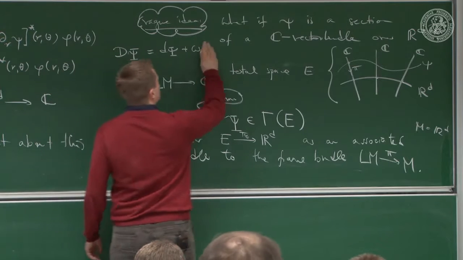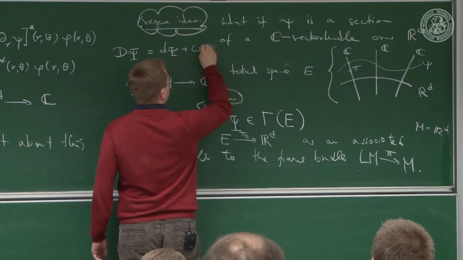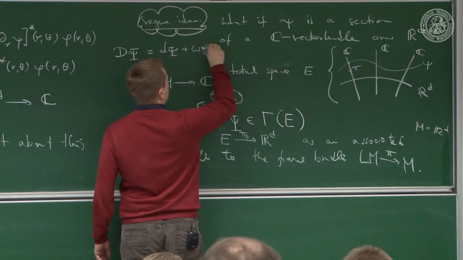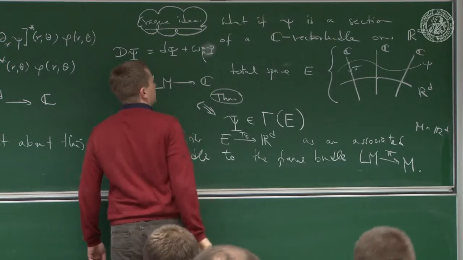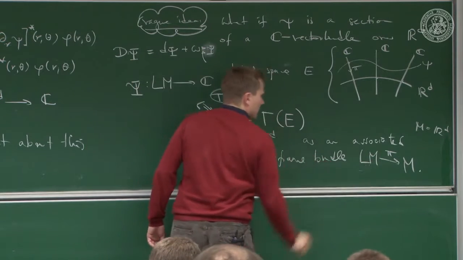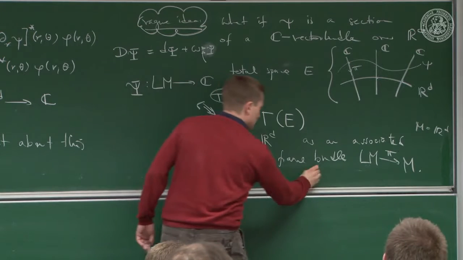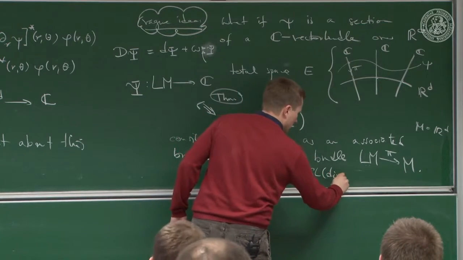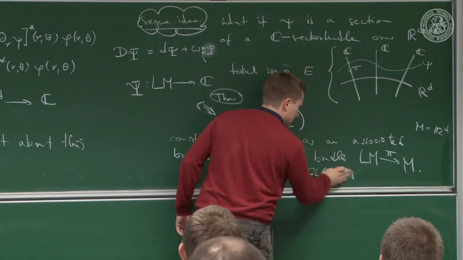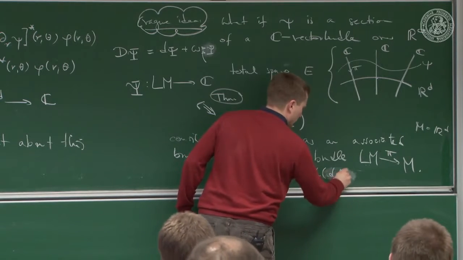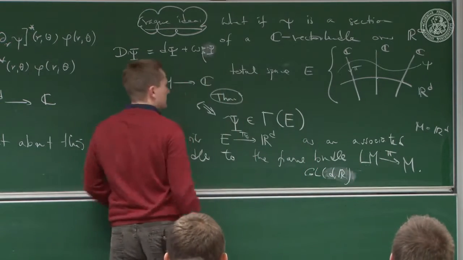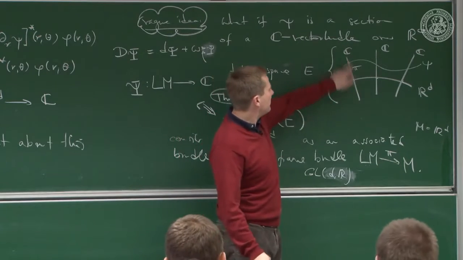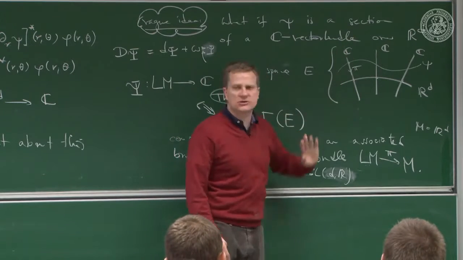And you know that in this wedge the omega actually acts from the left on the psi, and this is the left action of the GL(dim M) group, so in this case GL(d, R) group, that I need to establish on these fibers in order to make this an associated bundle.